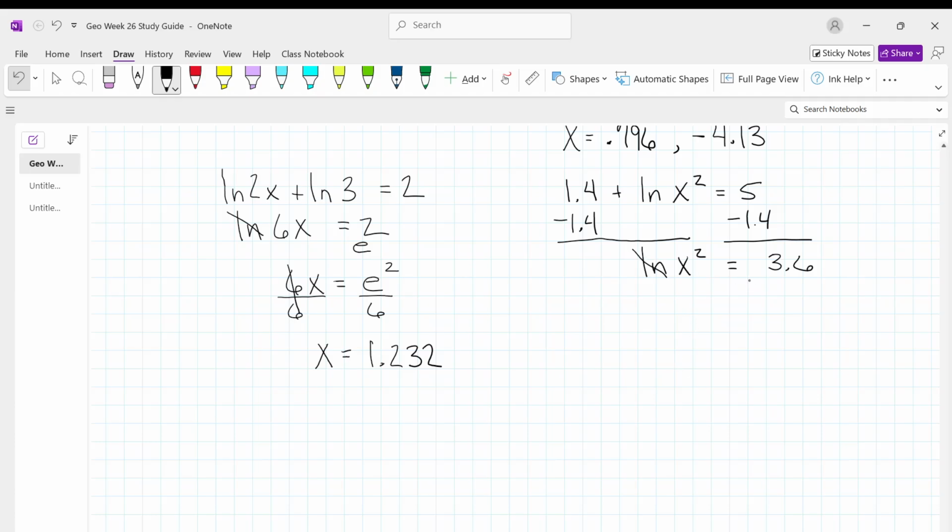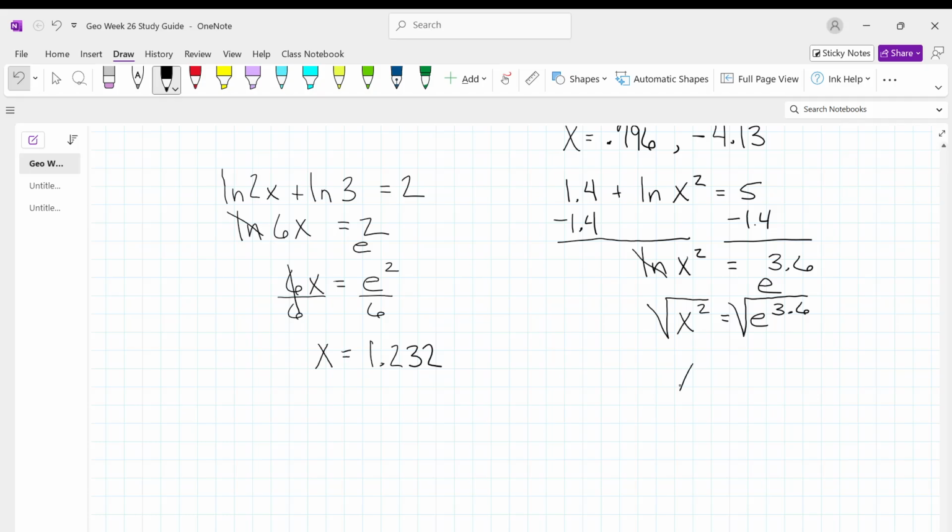Cancel the natural log symbol, add the e. So our x squared equals e to the 3.6. And we find the square root of each side. And again, we're taking an even root.